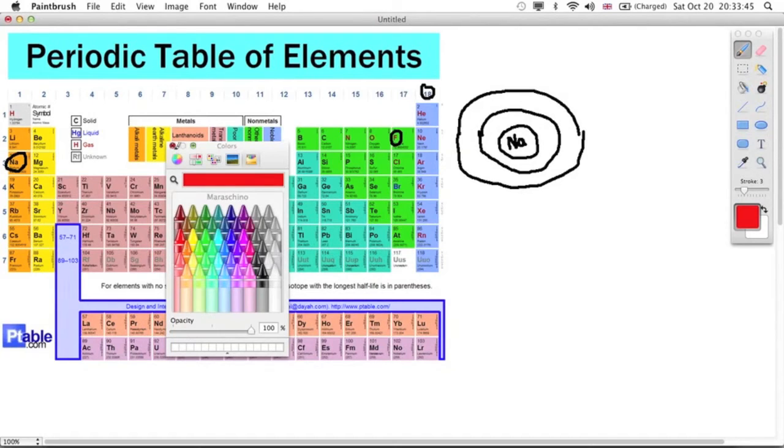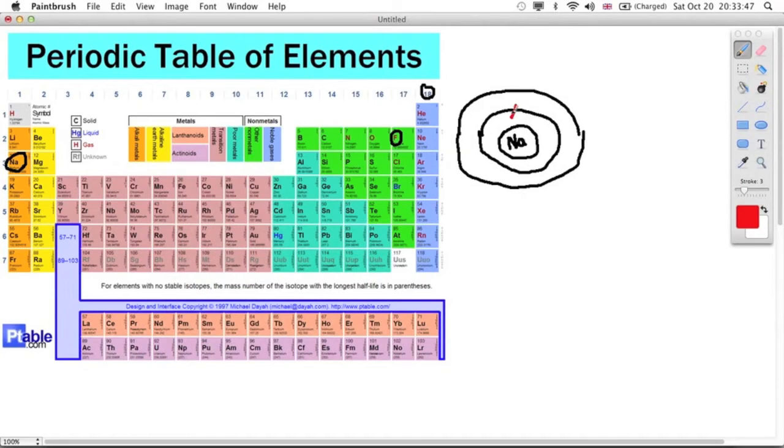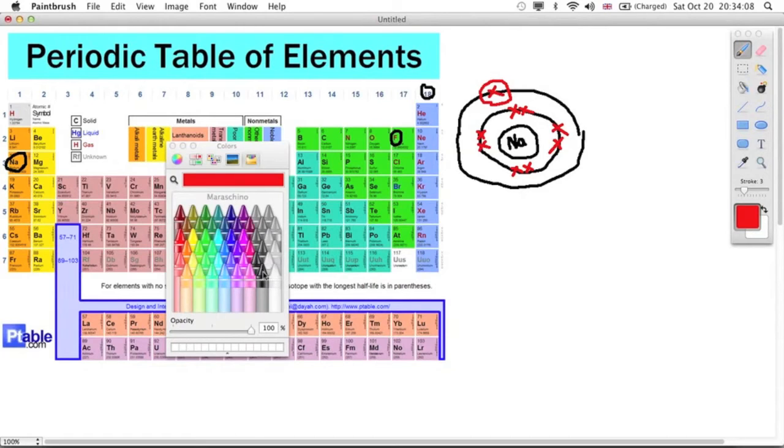So we should change the color to red. The sodium has 8 electrons in its second shell, and 1 electron in its outermost shell. And it tries to lose this one. This is the electron it will try to lose.